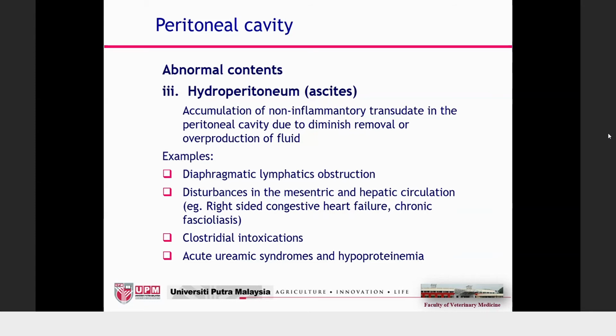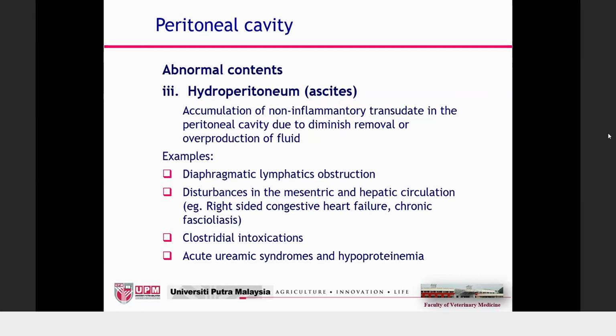Cases of intoxication are similar, partly because of dilatation of blood vessels that leads to accumulation of fluid as well. And in cases of acute uremic syndrome, and as I mentioned earlier, in hypoproteinemia, there is reduction of albumin in the blood vessels. So the balance between blood pressure, blood osmotic pressure, tissue pressure, and tissue osmotic pressure is disturbed.